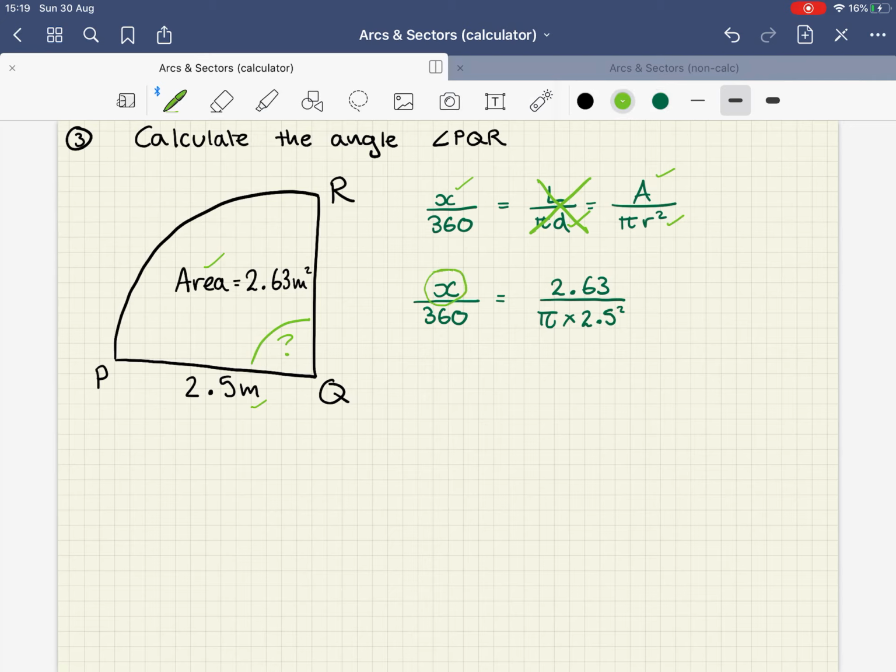So again, x is the thing I want. I multiply across the diagonal. And then I divide by whatever is left on the bottom here.